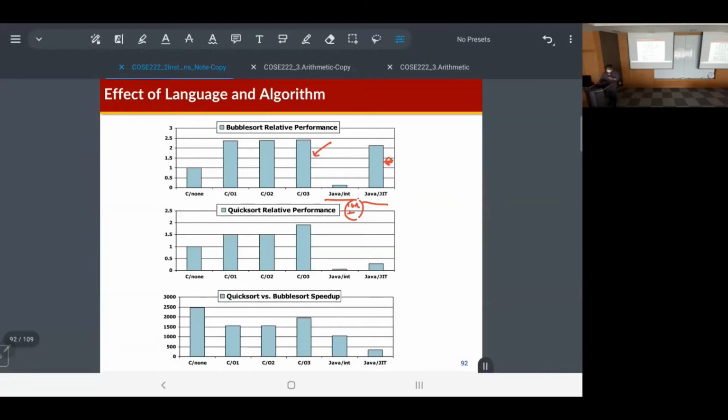Now, I believe usually C is the most powerful programming language because C is also a high-level language, but C also can handle some low-level part of the computer system. That's why C is the powerful programming language.